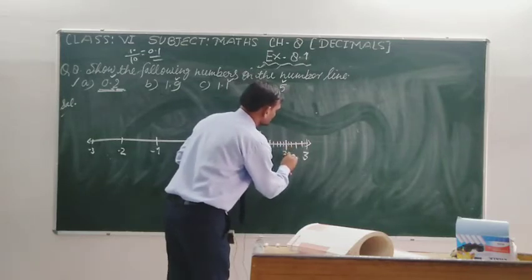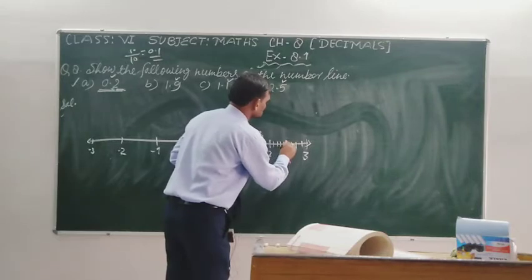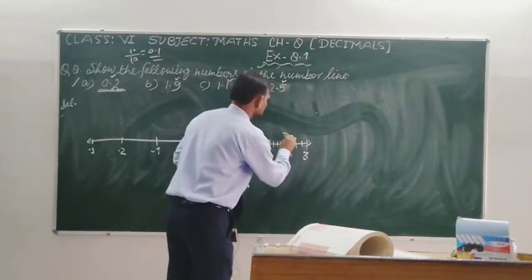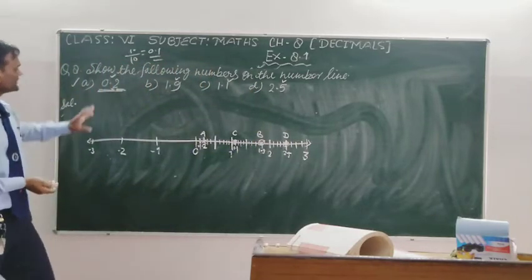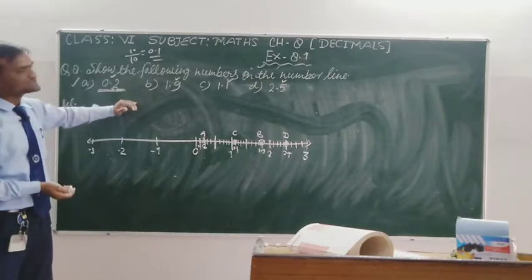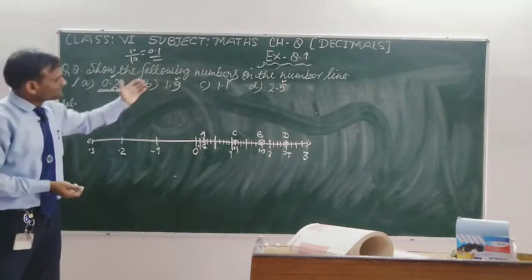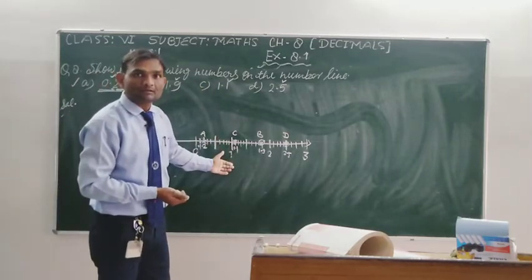This is 2.5. This point represents 2.5. The name of this point is D. In this way, student, on the number line, you can represent any whole number, any decimal numbers. किसी भी डेसिमल नंबर को आप नंबर लाइन पर शो कर सकते हैं.